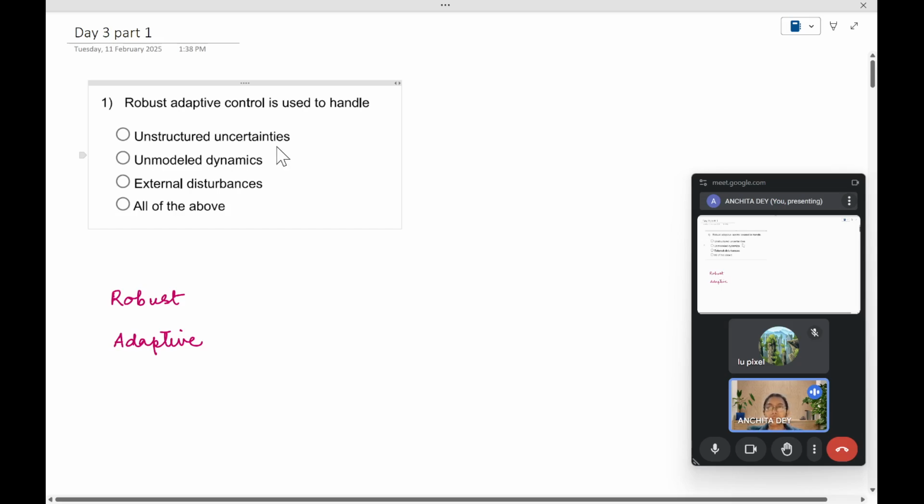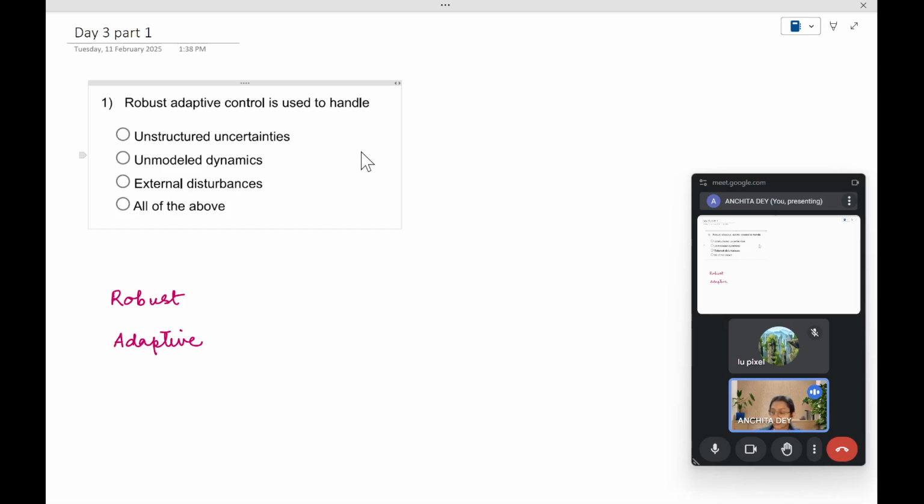Something that you don't know. Let me see if I can write it quickly. Suppose you have x dot equal to ax plus bu plus d.